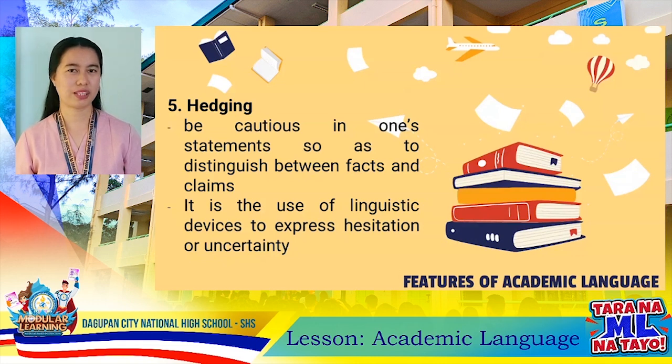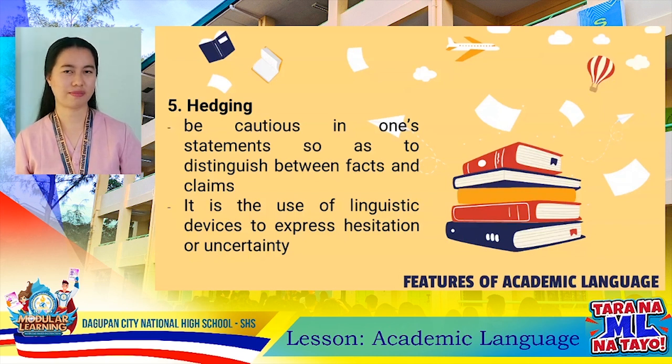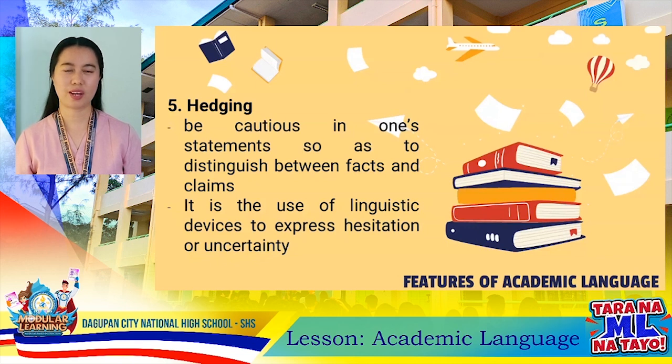Writers are careful in their claims and statements. If you are not sure of your claims or statement, use expression of hesitation or uncertainty. And be polite as well. Examples of these expressions are I believe, I think, possibly, and probably. You can search for other hedging expressions, and you will be surprised that you are actually using them in your speech and in your writing.